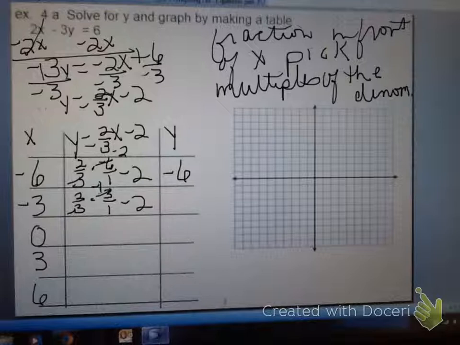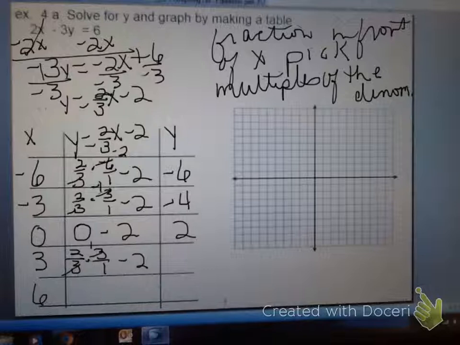So 2 times a -1 is a -2, and then minus 2 is a -4. 2/3 times 0 is 0, minus 2 is -2. 2 over 3 times 3 over 1 minus 2. The 3's cancel into 1, so 2 times 1 is 2, minus 2 is 0. And then 2 over 3 times 6 over 1 minus 2. 3 goes into 6 2 times, so 2 times 2 is 4, minus 2 is 2.